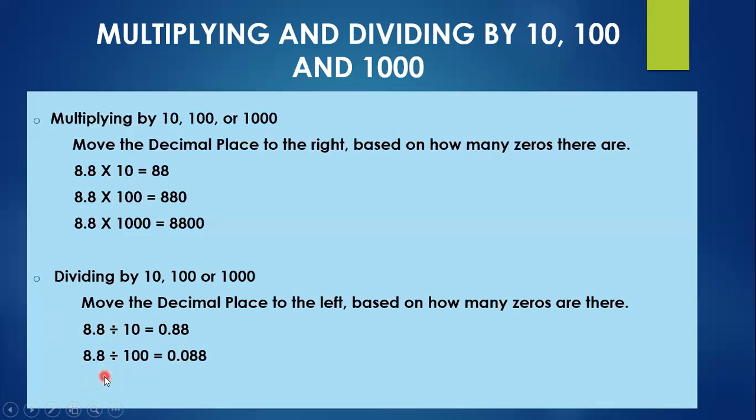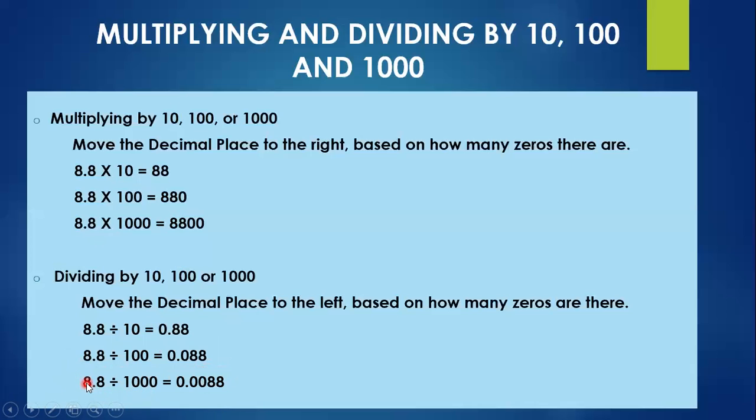If you have 8.8 divided by 100, you have to move two places towards the left, because 100 has two zeros. Move one place, then take a 0 here, so you will get 0.088. For 8.8 divided by 1000, you have to move three places towards the left.